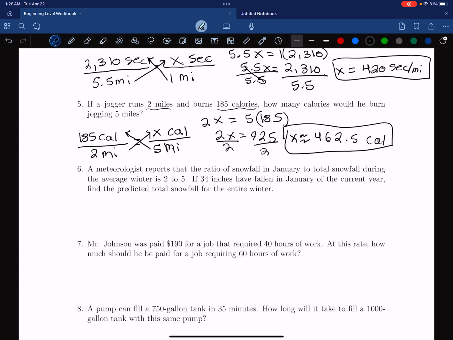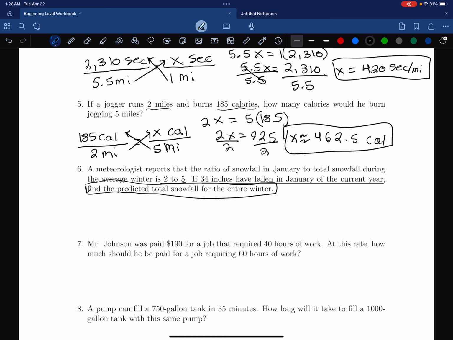Okay, for our next example, a meteorologist reports that the ratio of snowfall in January to the total snowfall during the average winter is 2 to 5. If 34 inches have fallen in January of the current year, find the predicted total snowfall for the entire winter.